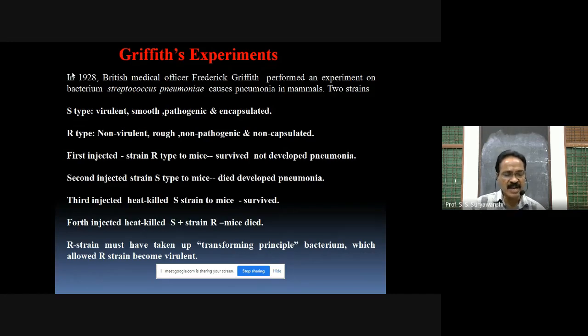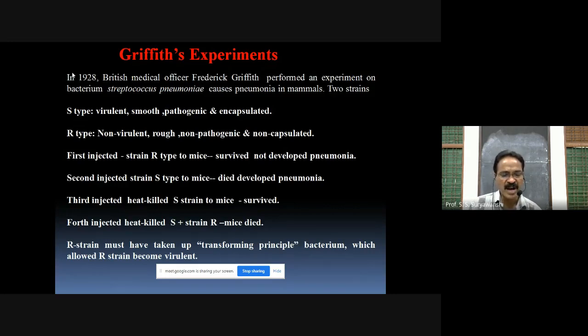Let us start with the R type. First, he injected this R strain into the group of mice, and after some days he observed that they survived. That means without any disease or pneumonia, they survived. They remained healthy in short.